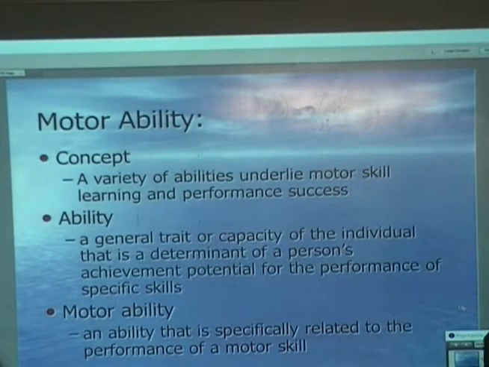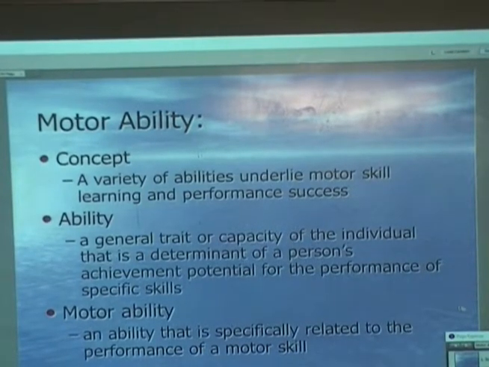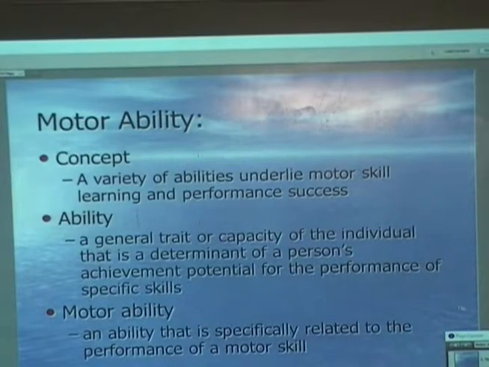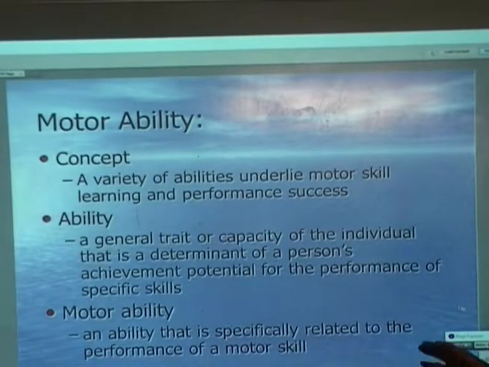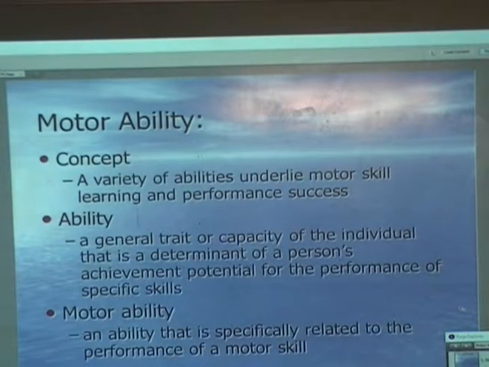So we're going to talk a little bit about motor abilities, and this is often a little controversial because it sometimes goes against what we have been taught to believe about our effort and trying hard and things like that.